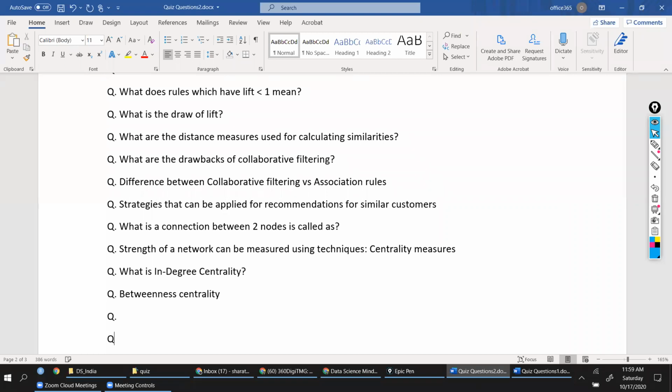Right. What is the drawback of degree centrality? Drawback of degree centrality.